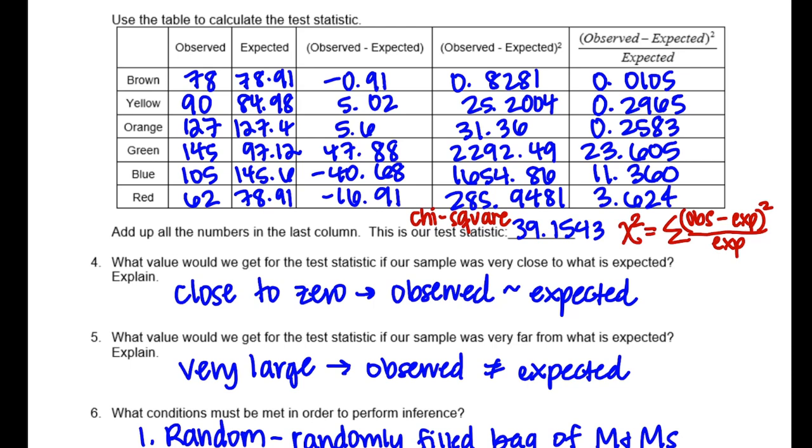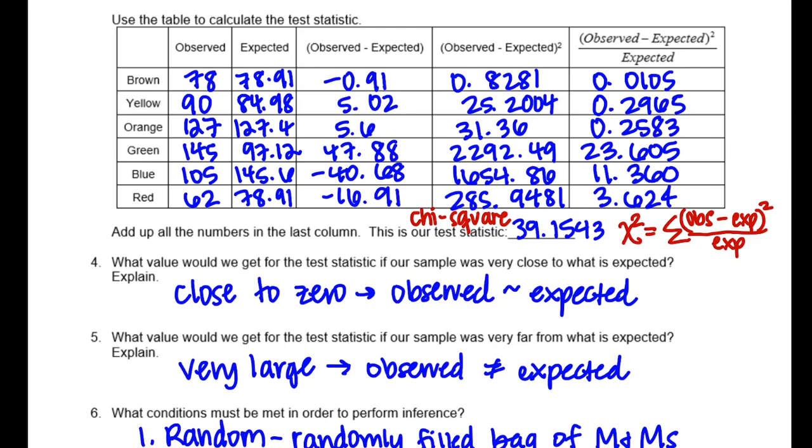Remember, this table is going to vary depending on what you got in class. So this is just an example, but you should have done the same operations, and the formula works out the same.